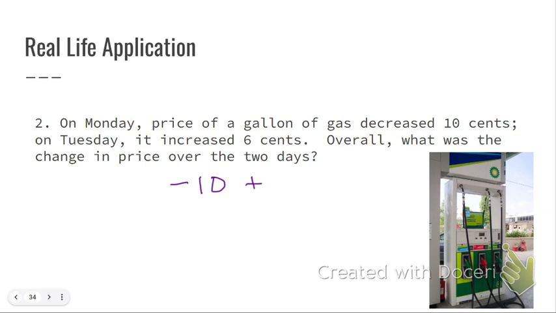Then it increased 6 cents. So opposite signs subtract. Larger one is negative. So overall, the change in price was -4, or we could say decrease 4.